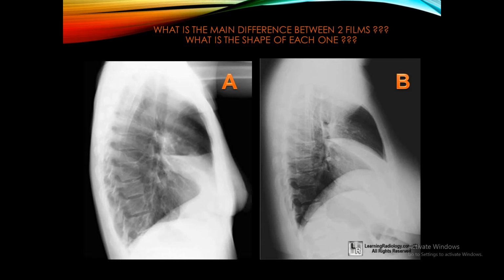But the opacity in chest X-ray B takes a tongue-like shape due to approximation of both fissures to each other because of loss of volume. So the opacity in film A is due to right middle lobe consolidation, while opacity B is due to right middle lobe collapse.